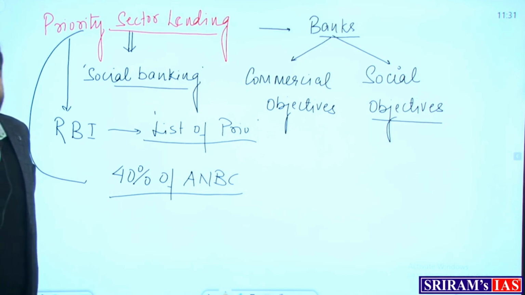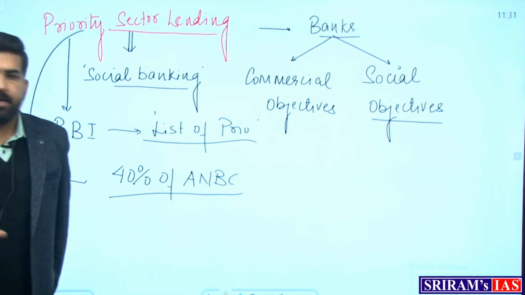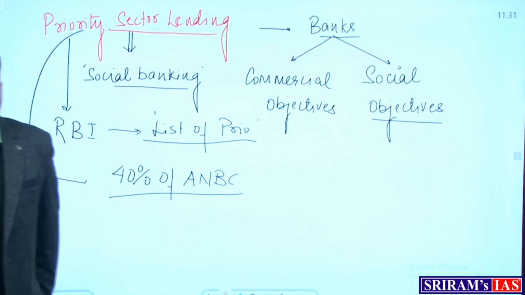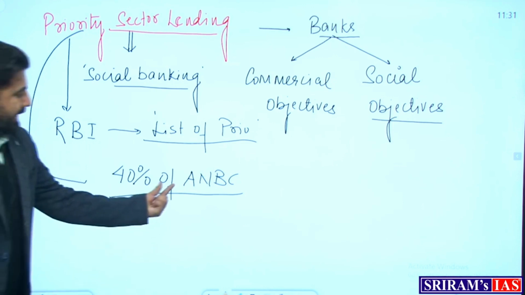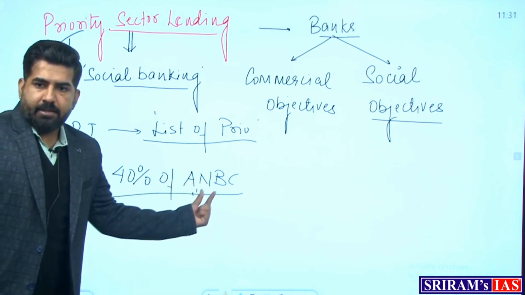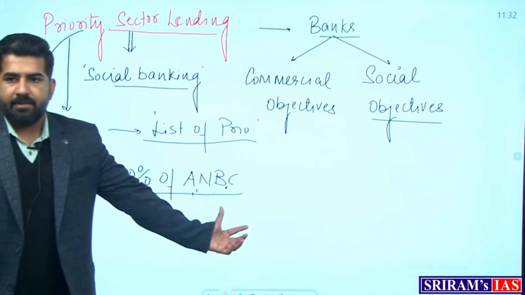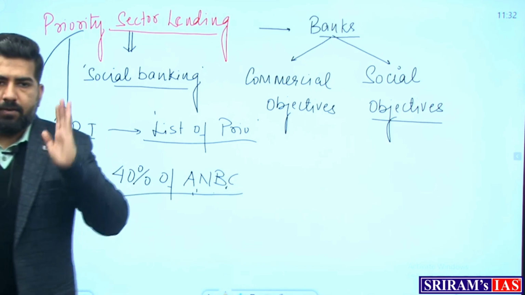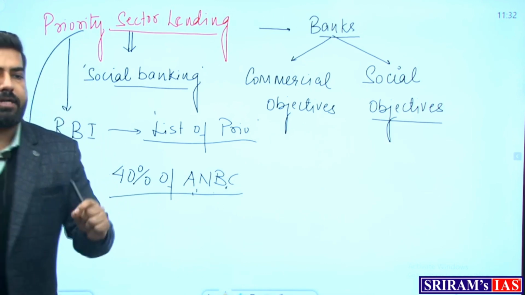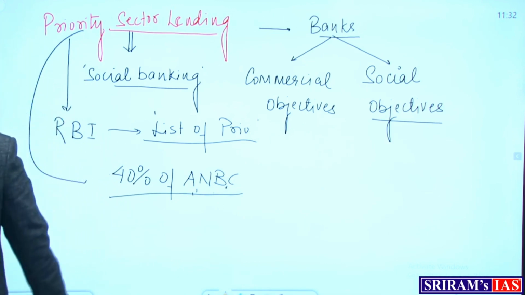NDTL. NDTL is in terms of liabilities. Now loan hai, so in terms of the credit which is being disbursed, 40% of that. So ANBC is nothing but adjusted net bank credit. आपको सिर्फ full form type से पता हो तो it's more than enough. Idea is whatever the total credit is going, 40% of that, just for your understanding.